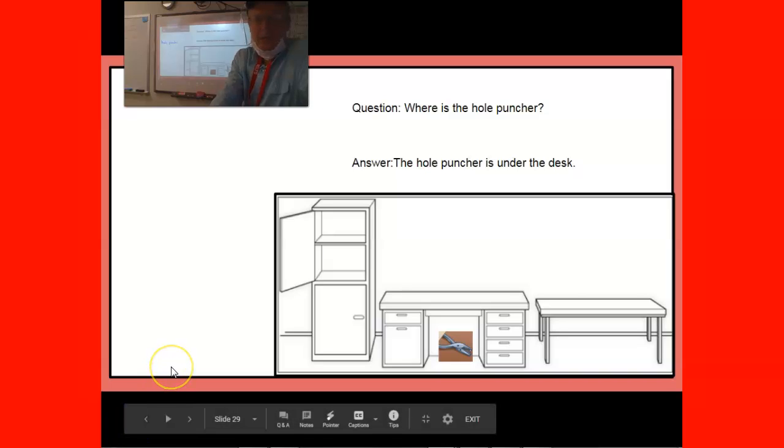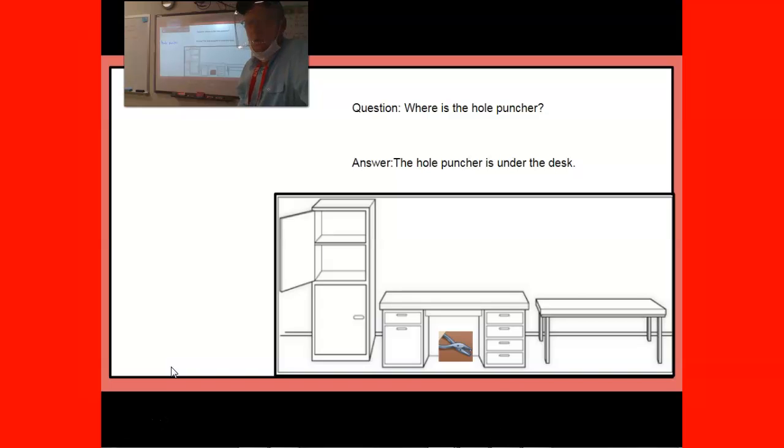All right, students online, you can see the answer to the picture. Where is the hole puncher? The hole puncher is under the desk. So both Carmen and Sato did a great job writing those sentences. Now listen, I can't see you if you're at home, but it's really important that you practice writing these sentences down.